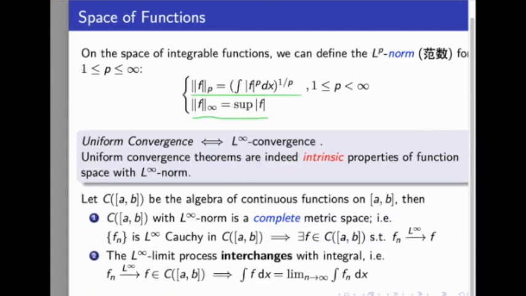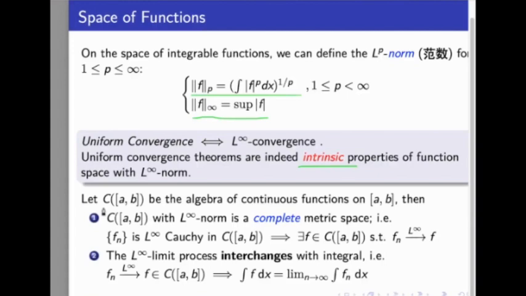Since uniform convergence is equivalent to L infinity convergence, the uniform convergence theorems can be rephrased as intrinsic properties of the function space C[a, b] with the L infinity norm.